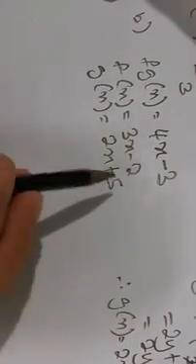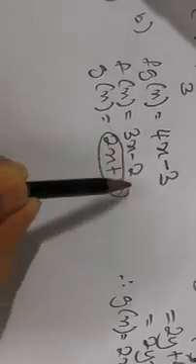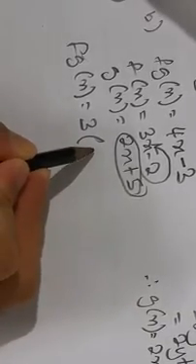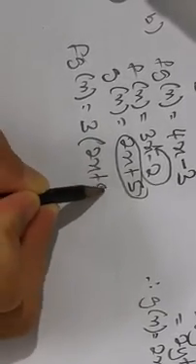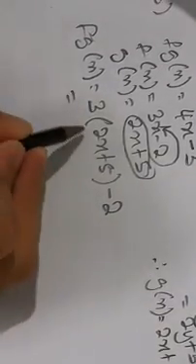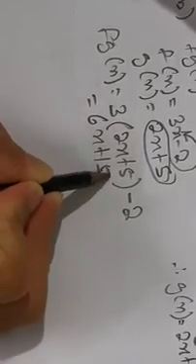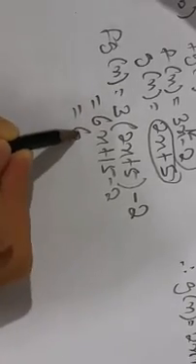So find fg. fg(x) means g(x) substituted into f. This replaces here. Okay, so fg(x) will be 3 times (2x plus 5) minus 2. So you have 3 times 2x, 6x, plus 15 minus 2. So you have 6x plus 13.